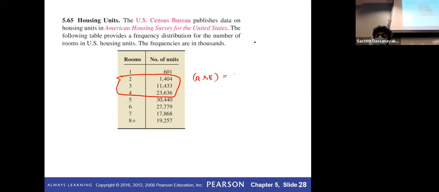So you can calculate them: 11, 4, 3, 3, 23,006. Add these three together and you can have the value. Later we will see how to find the probabilities, but now you have to define the event.